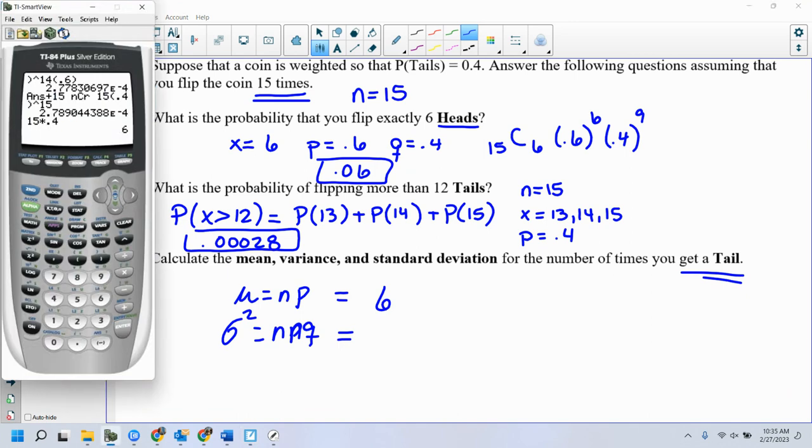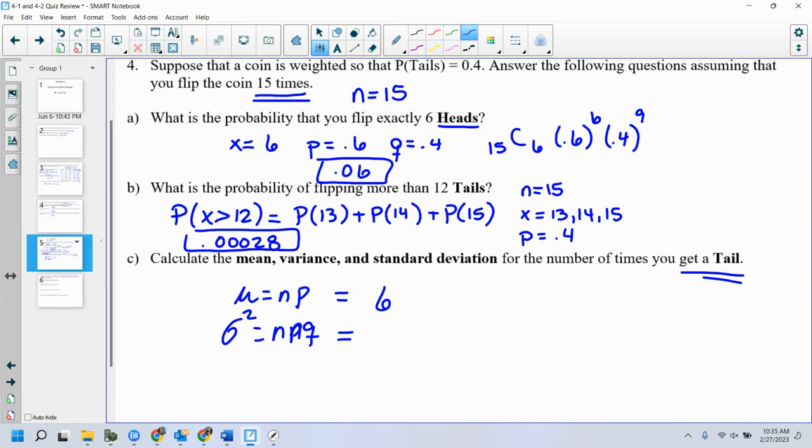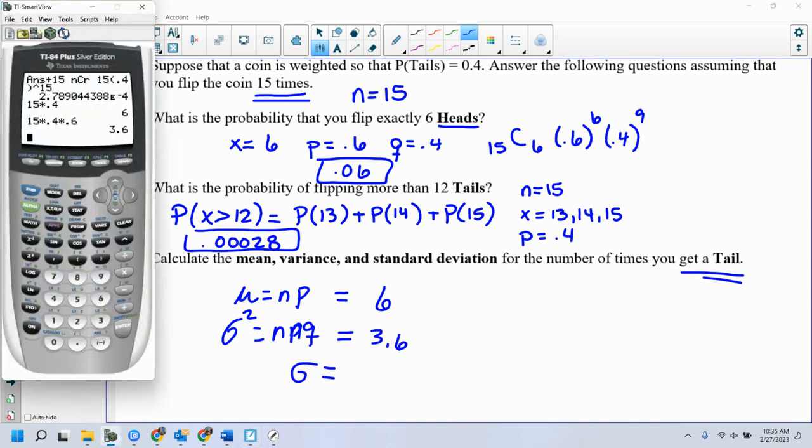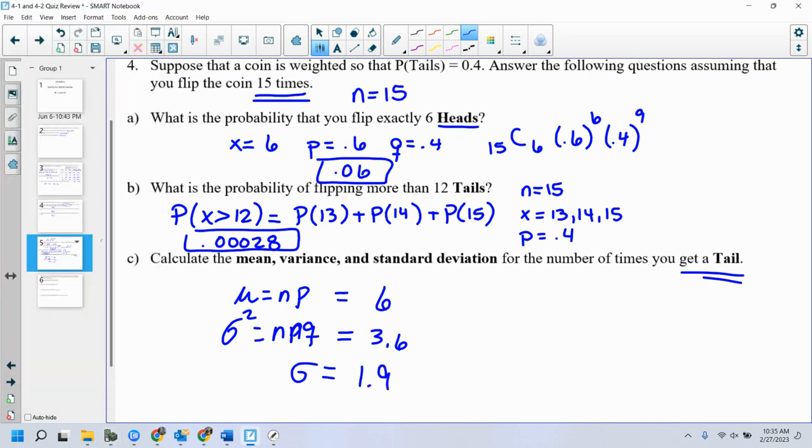For npq, that's 15 times 0.4, or just mu, times 0.6, which is 3.6. So sigma, square root it: 1.89, rounded up, 1.9. Make sense?